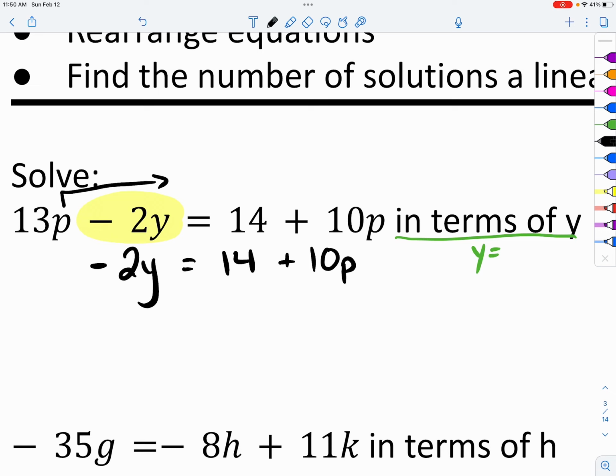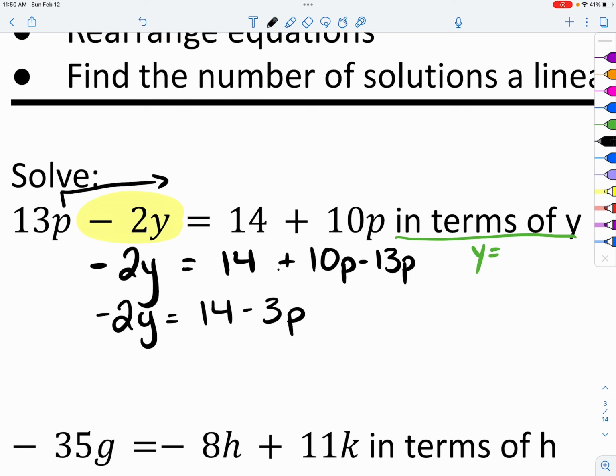When you move that 13p over the equal sign, it becomes the opposite operation, the inverse operation. So it becomes a minus 13p. I can clean up the side and I'm going to do that right away. Always simplify as you go through your math to make it easier. 10p minus 13p is just minus 3p.